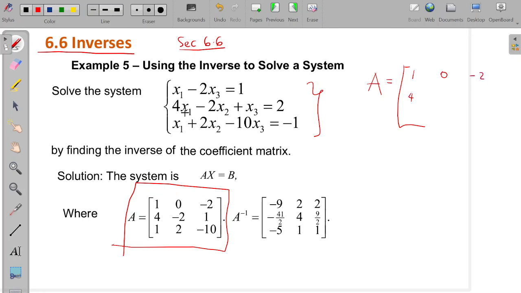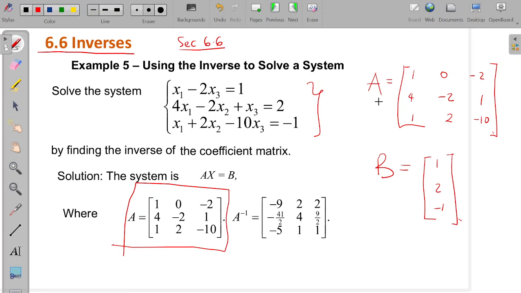Then the second row is 4, negative 2, 1, and the third row is 1, 2, 10. These are our matrix. Of course, these are our B, but we are not going to write the B side by side with this one. So we have 1, 2, negative 1. This is our B.